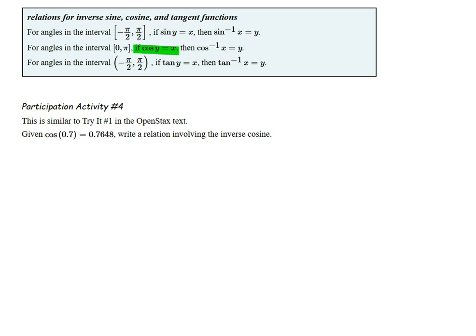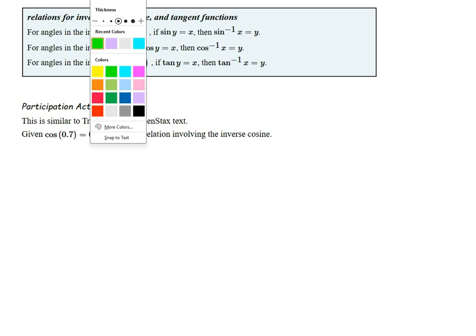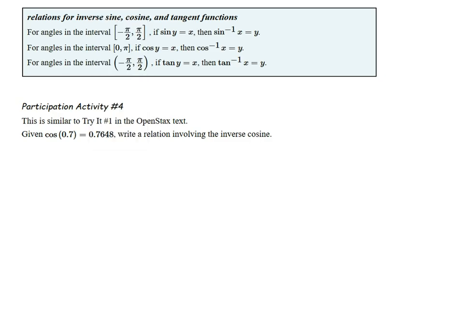And now what I'm going to do is use different colors, go with light pink. The cosine of y, so we've got the cosine of y, then cosine inverse of x equals y. Okay, so they want you to rewrite it.